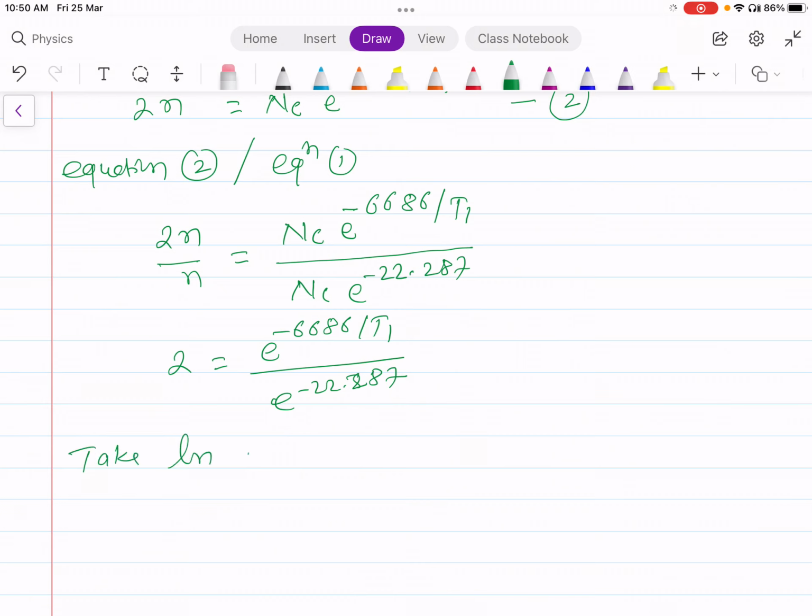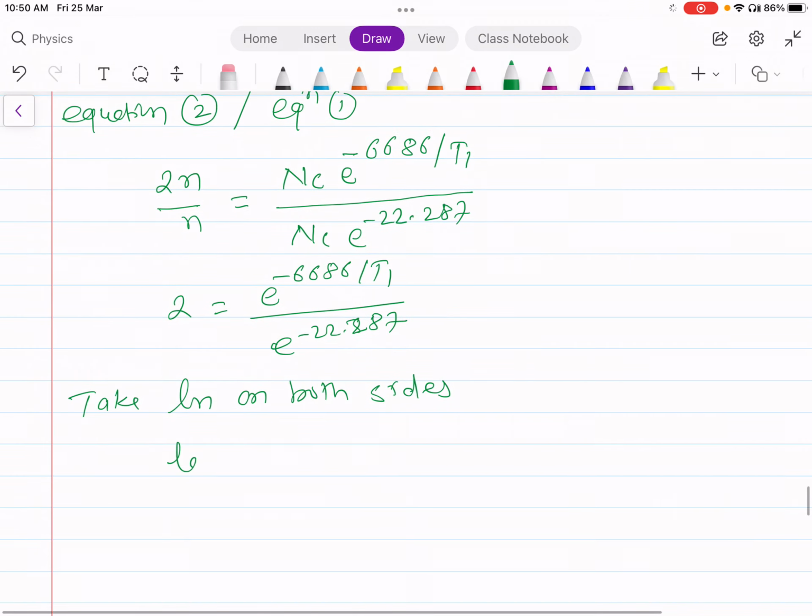Let's take natural log on both sides. So ln of 2 equals minus of 6686 upon T1 plus 22.287.